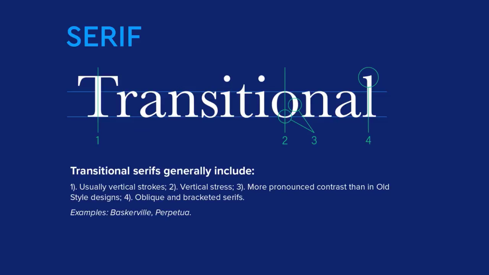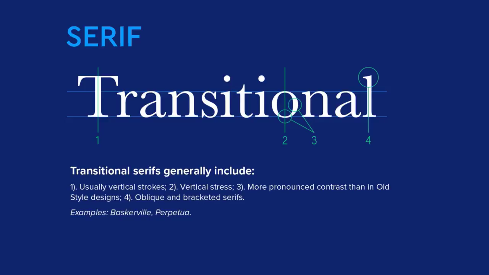Then the next subcategory of serif is transitional. As you can find in number one, usually vertical stroke. Number two, as we highlighted, there's vertical stress and more pronounced contrast than in old style design.